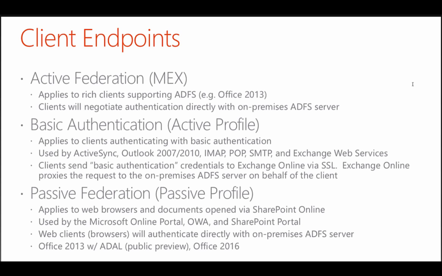What's important here is that passive federation is supported for multi-factor authentication. And so when we look at applying Windows Azure Active Directory MFA, if we're going strictly through active federation, it won't work. If we're going through basic authentication, it doesn't work. And so we need to look at client endpoints that support passive federation if we have multi-factor authentication requirements.